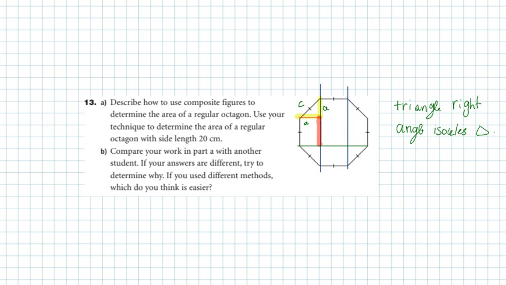the Pythagorean theorem is going to be like this. A squared plus A squared equals C squared. Make sense? Okay. So I know C is 20. And A squared plus A squared, what does it simplify to? Not A to the 4 power.